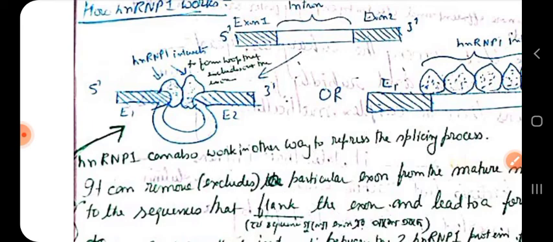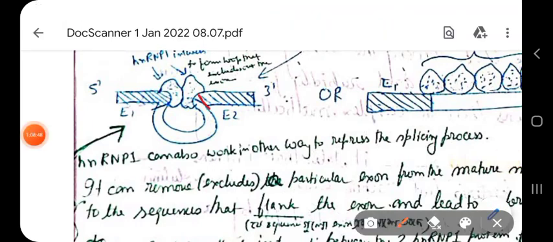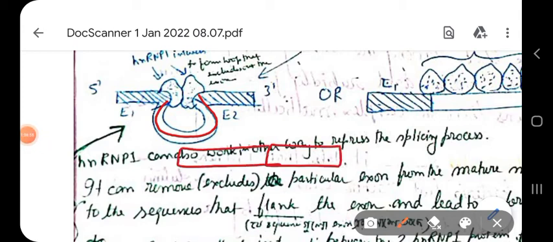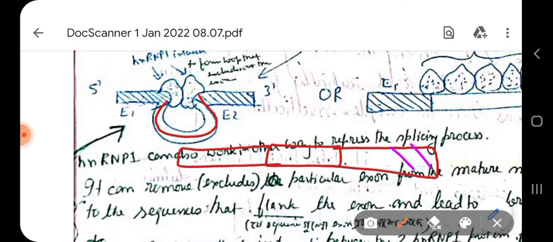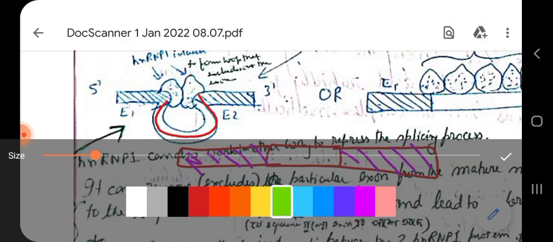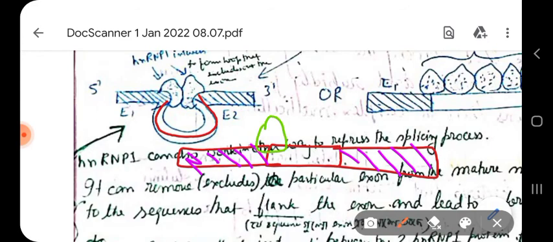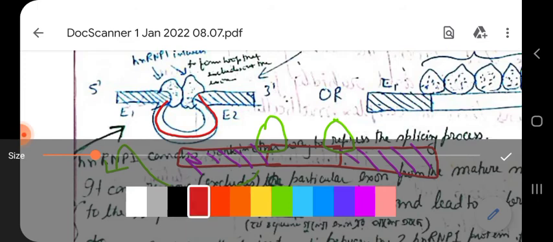Here I have not said that the intron is removed, but in this way the exon can also be removed. Suppose this is the exon and these are the introns. I am marking the introns as pink and the exons as this one. Suppose two HNRNP are interacting, which leads to a formation of a loop-like structure like this. Okay, I have to use red now.